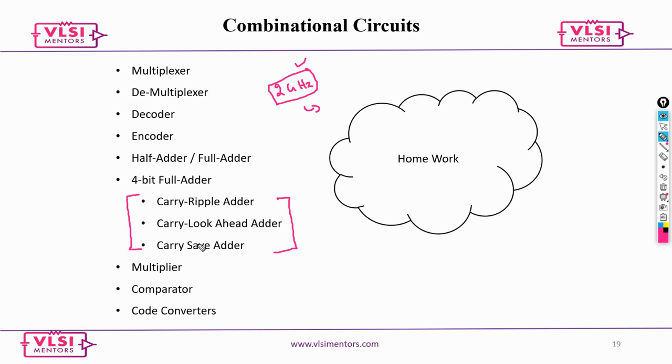So that is why I'm spending some time on all this, looking at the different multipliers. There is Booth's algorithm that I implemented in the early days of my career, and so on. And then you have a comparator, and then code converters. Just have a look at all this. As I'm repeating again, you are not giving any exams. Just go through it for your knowledge.